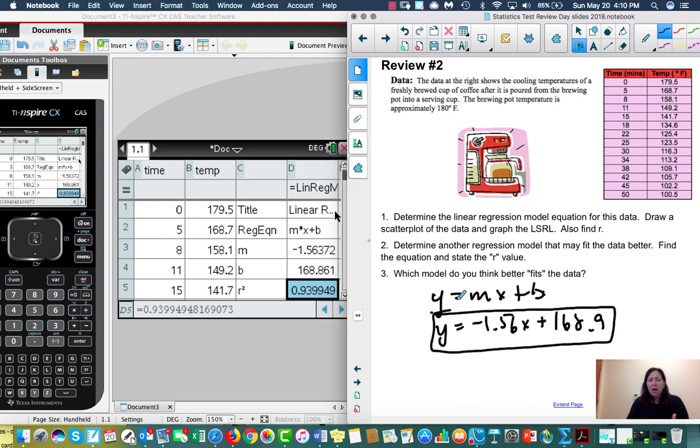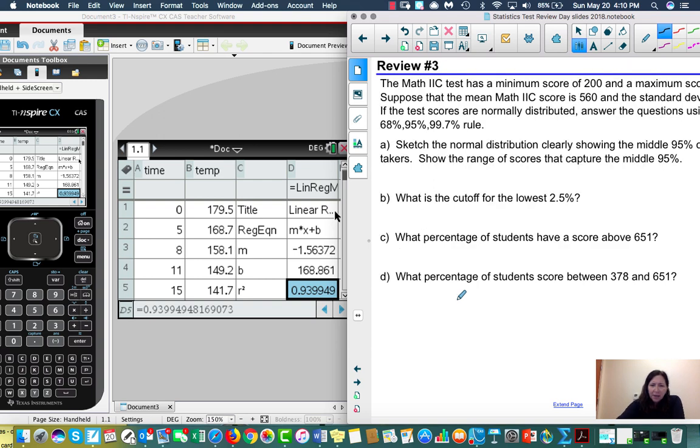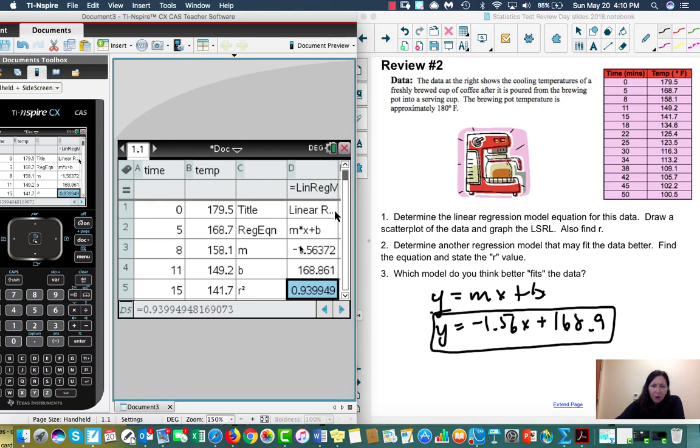Now remember, from the linear regression video, that what I talked about was that you always have to graph a scatter plot, because just because I said that this was a linear regression model, it doesn't mean that my graph of a line is going to fit my data. So one thing to check is my R value.